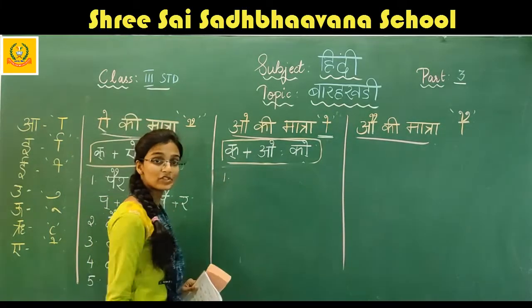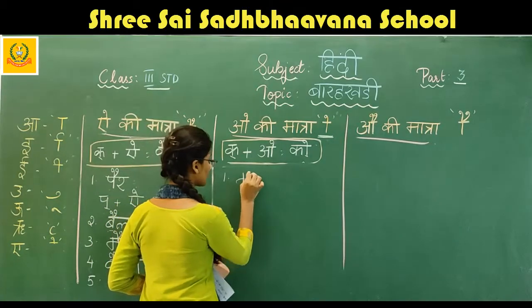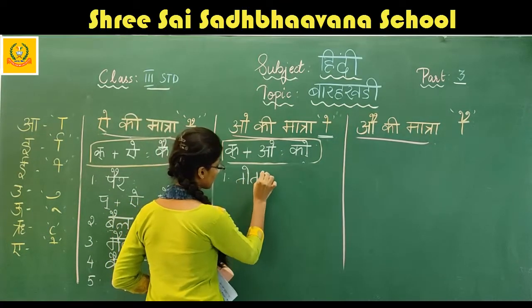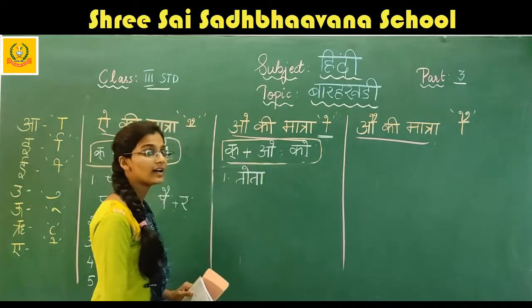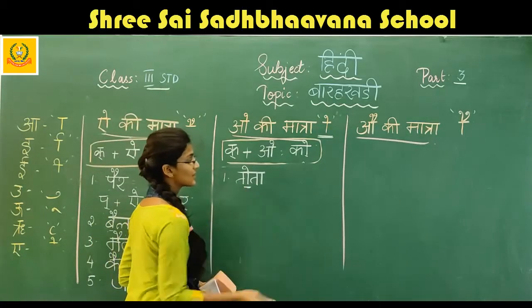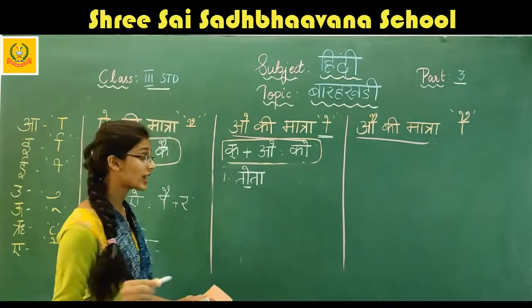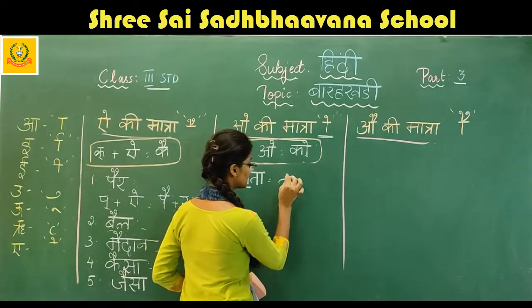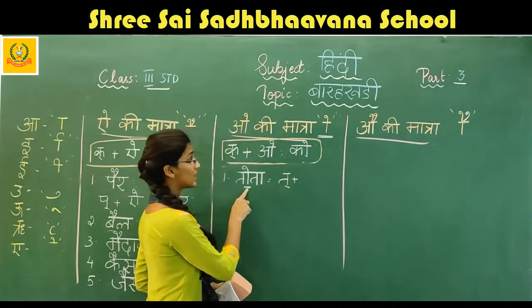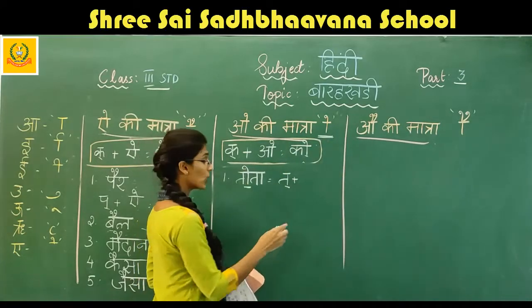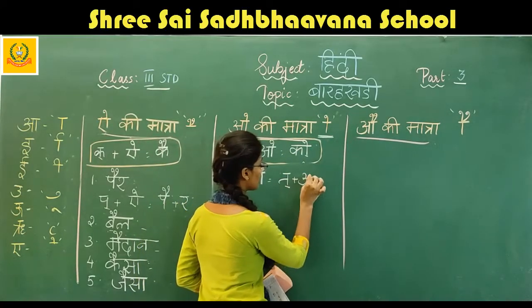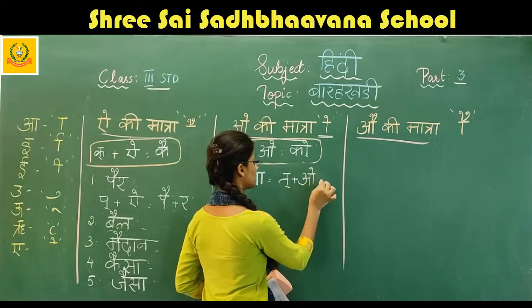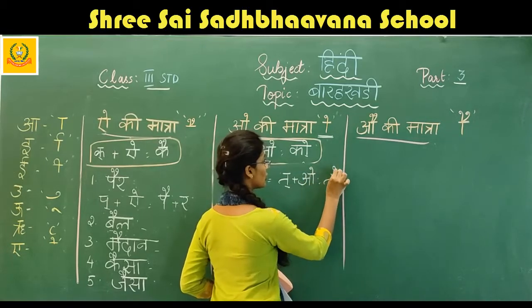First example, children: tota. See this matra. For every letter, I will expand and show the first example. Okay. So, ta plus which matra? Look here, the symbol O. So you can write ta plus O is equal to to.